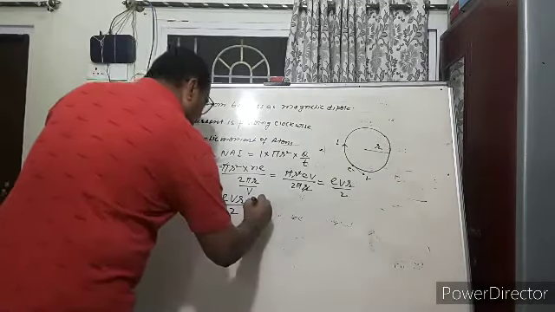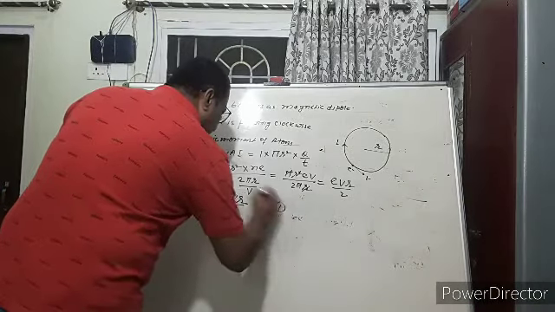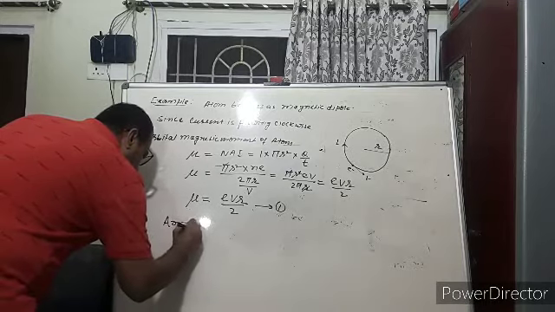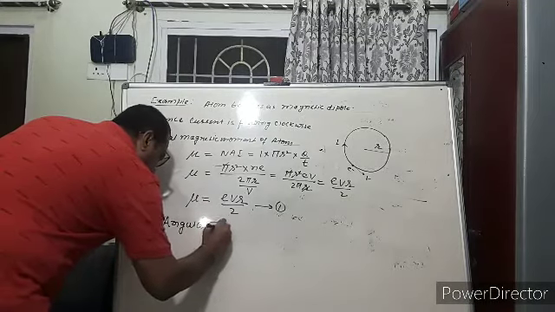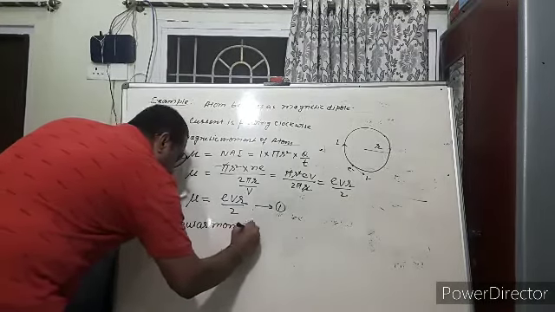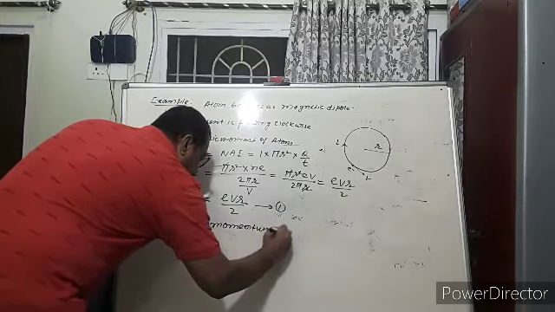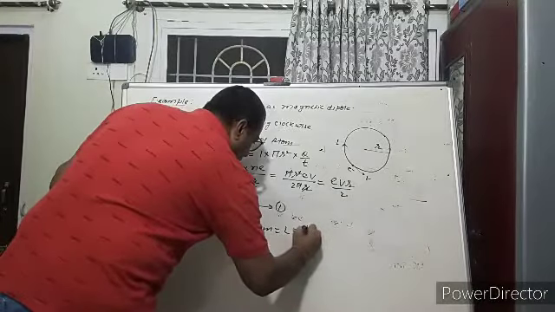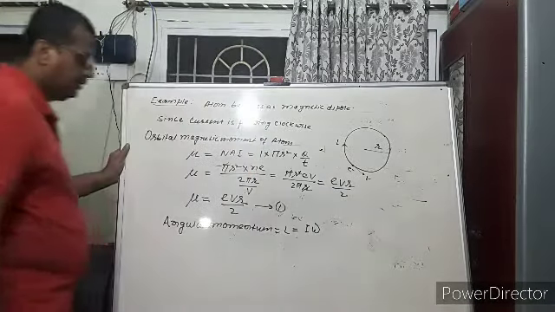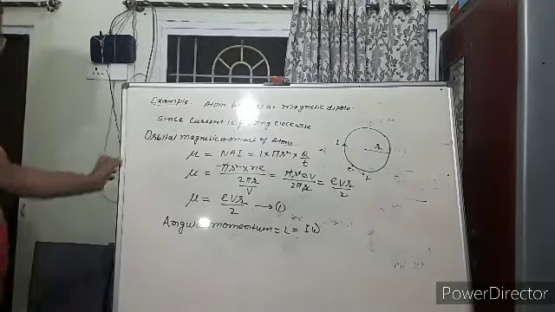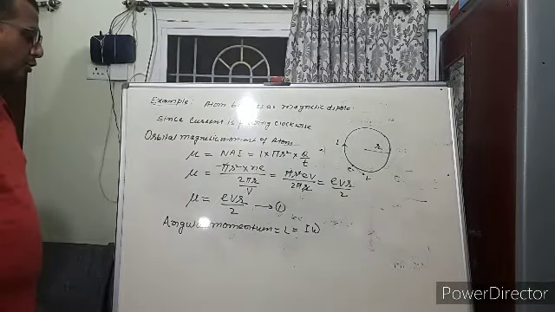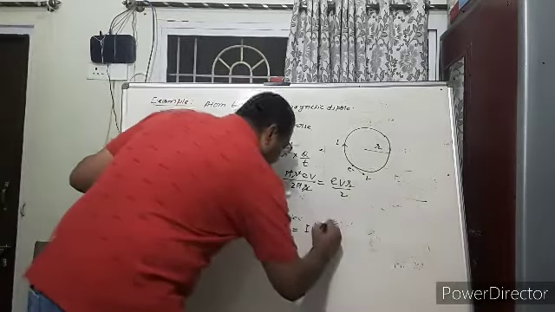That is the first equation. Angular momentum is equal to L. L is equal to I omega. We have done this in class 11. I stands for moment of inertia and omega is the angular velocity. Now I equal to mr square.